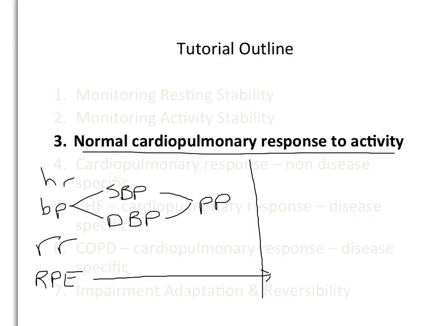On the more qualifiable, we've got things like shortness of breath, breathing pattern.